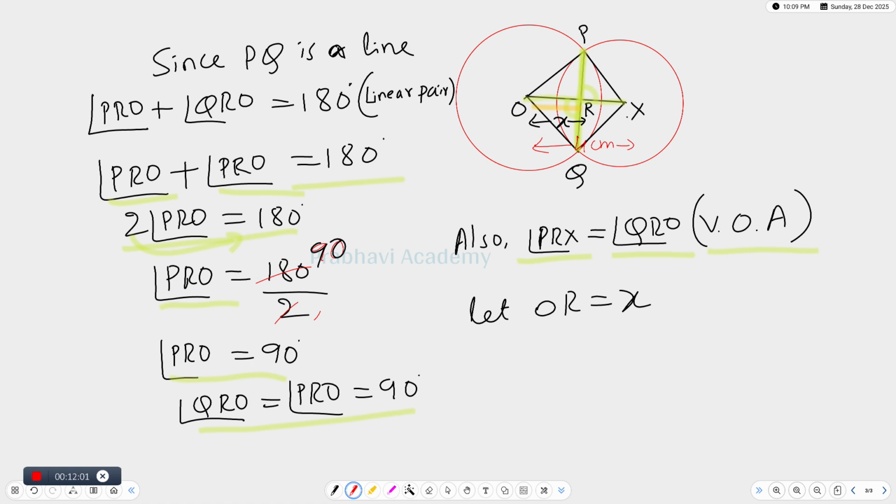Now we don't know OR, so I have taken X. So XR is equal to OX minus OR. That means OX is 4 centimeter, and OR I have taken X. So XR is equal to 4 minus X.